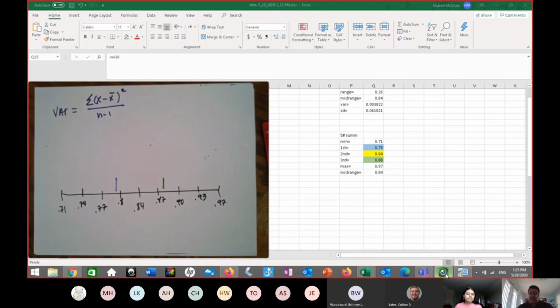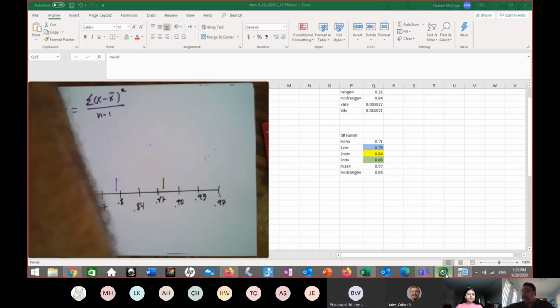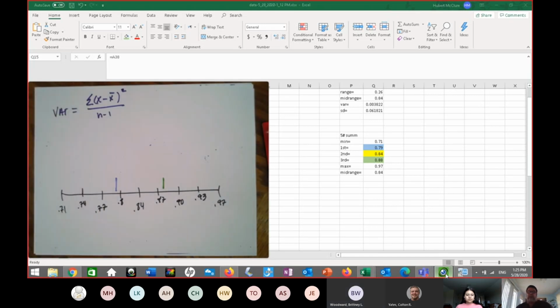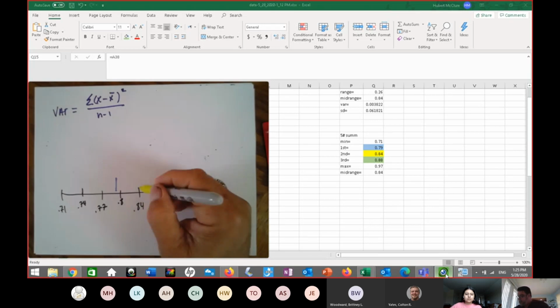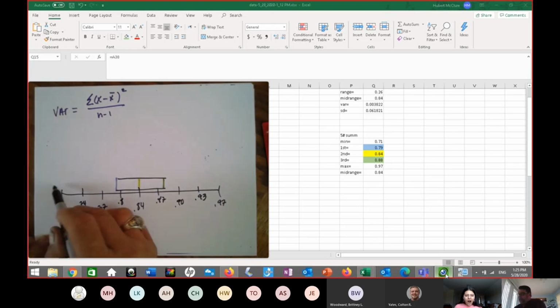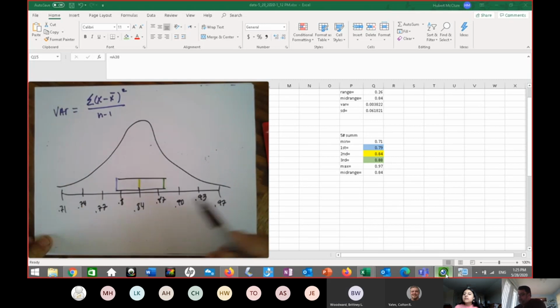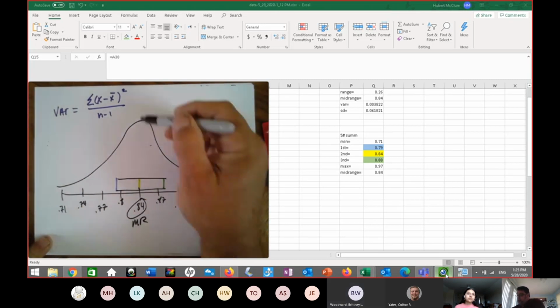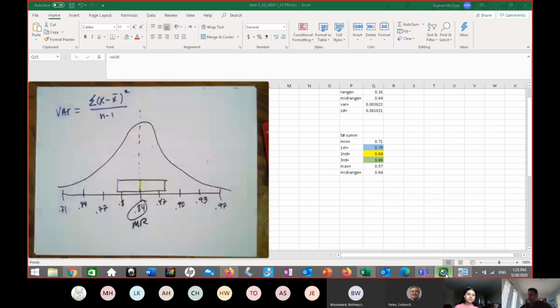And take my yellow marker, and that is, I don't like that yellow, I like this yellow. 0.84, y'all can see it better. And there is my box plot. And that box plot is pretty much saying we got a normal curve. Because this is the center, that's the mid-range. Looks like we got pretty much a normal curve.